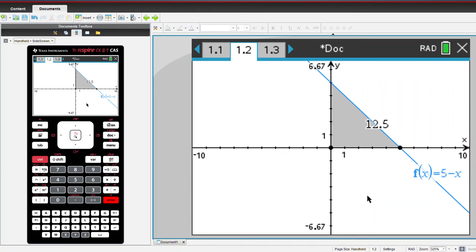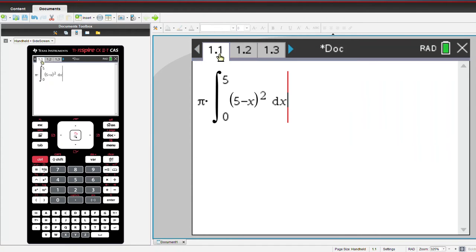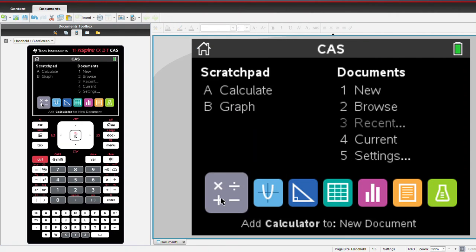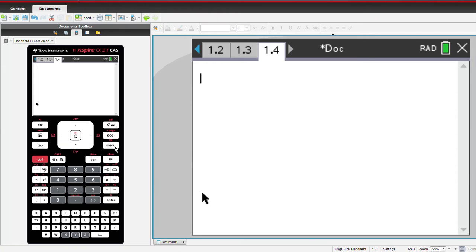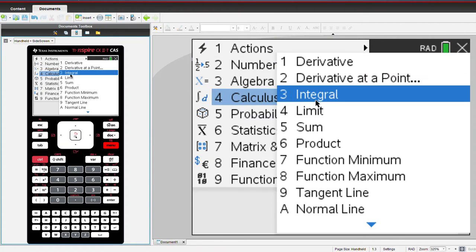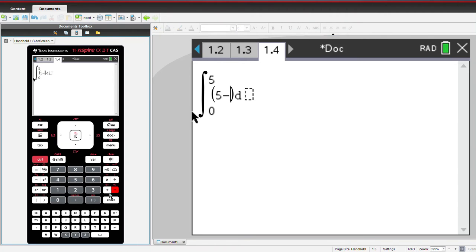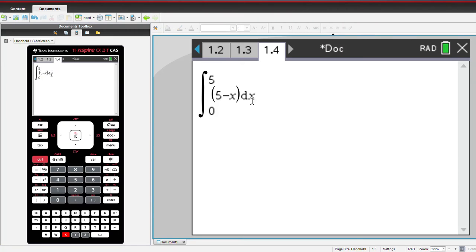And there's my area. Oh, oops, it's the wrong one. Let's just add a page. Okay. We're in calculus class. We need an integral. We're going to go from 0 to 5, and I'm just going to type this in because I can. Notice it knows to put a parenthesis there.